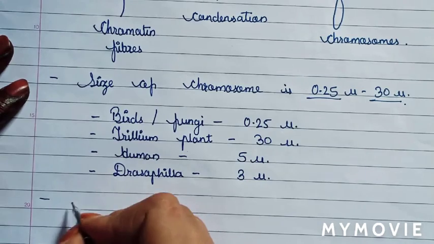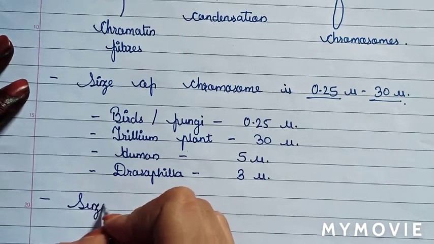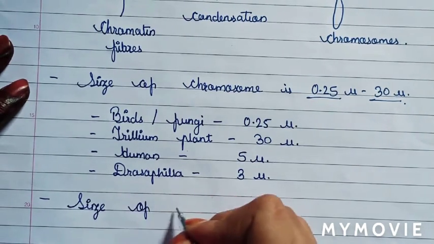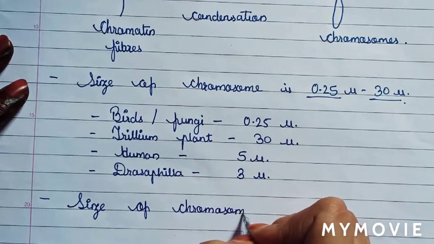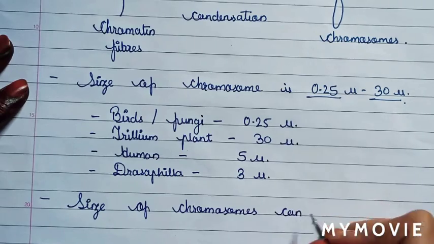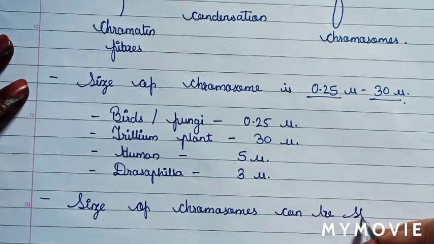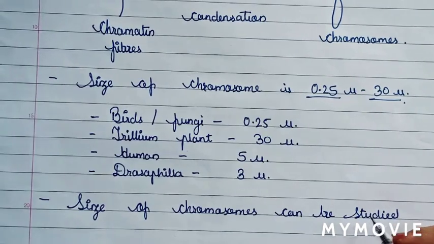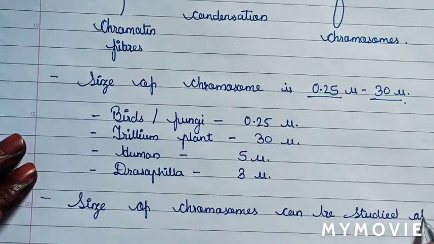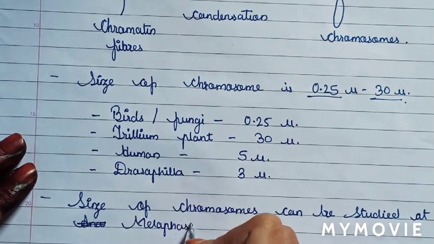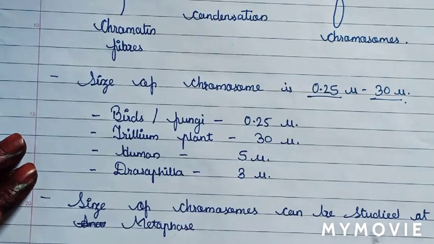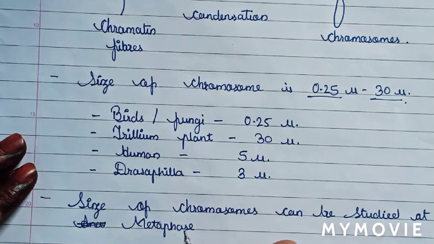So we will write here: the size of chromosomes can be studied at metaphase. The shape of a chromosome can be studied at anaphase, and the size of a chromosome can be studied at metaphase.